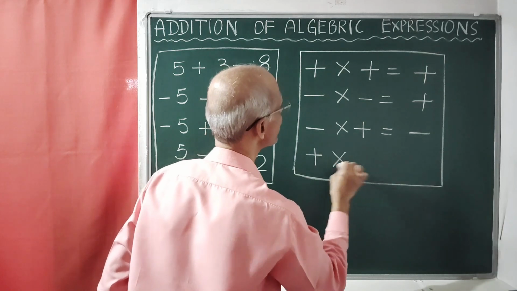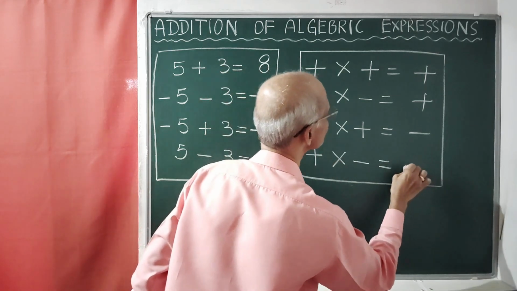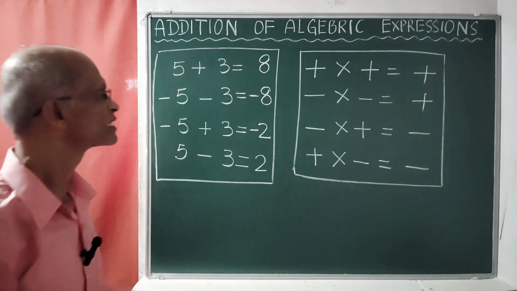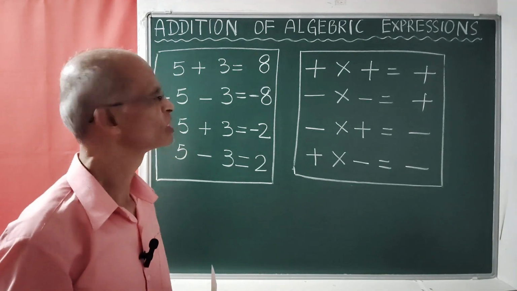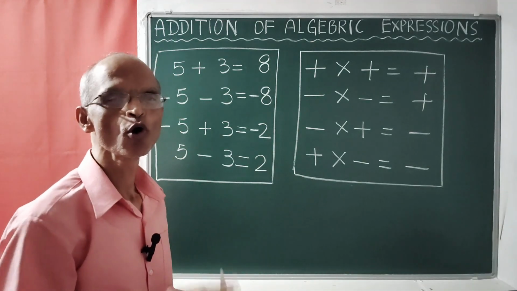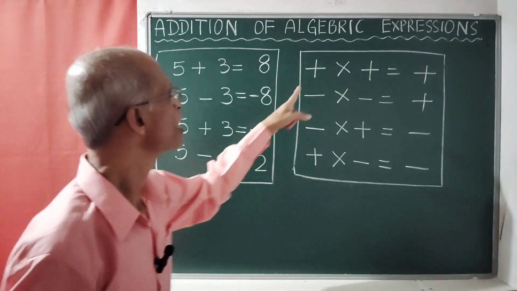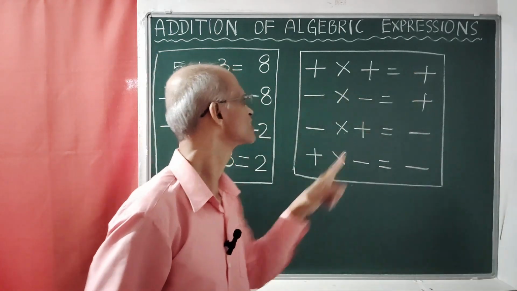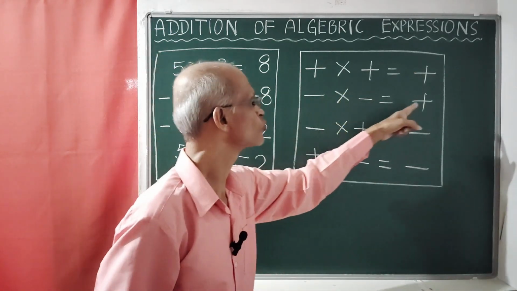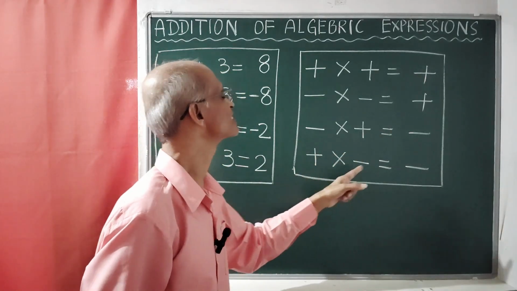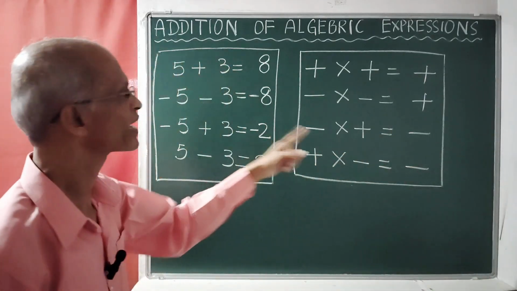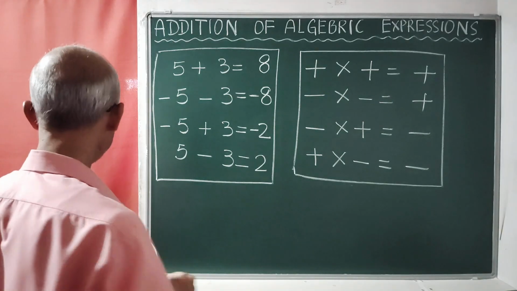Plus into minus is also equal to minus. See, this is the rule for multiplication of integers. This rule will help you to open the brackets. So you should not forget these two rules.